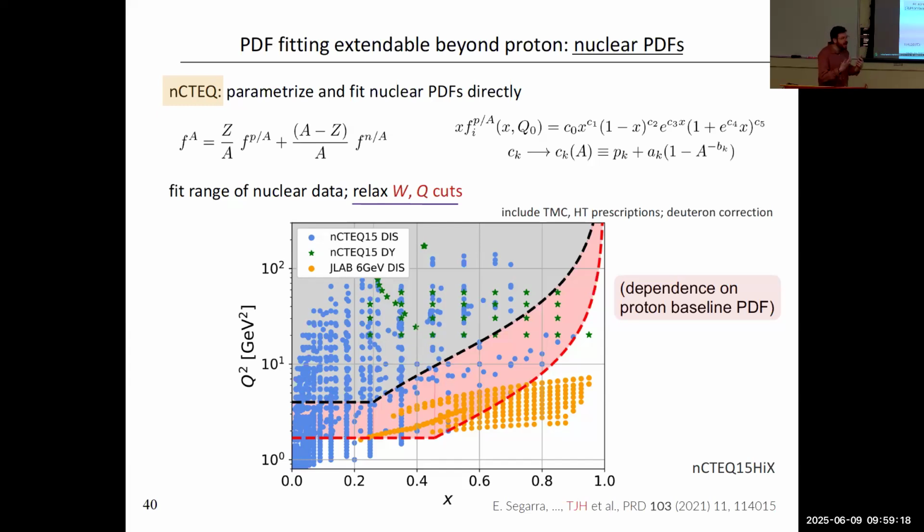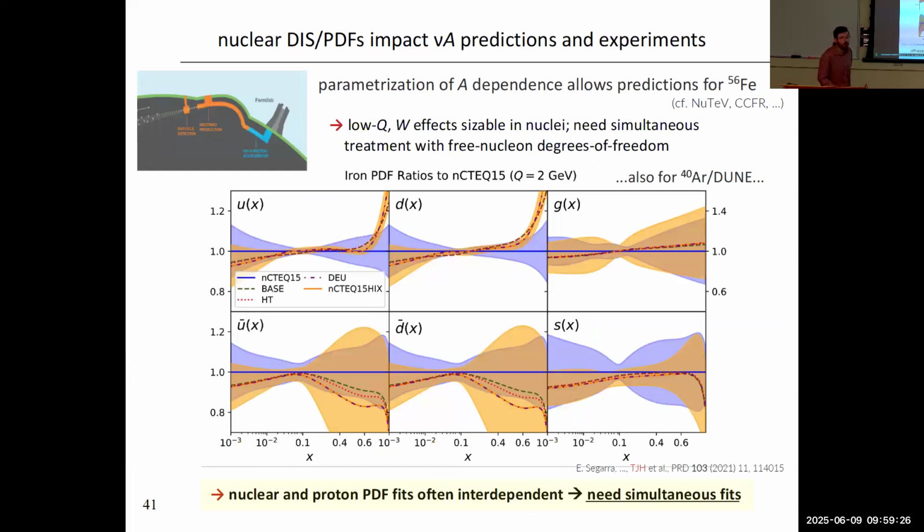However, I now need data involving nuclear targets to tell me about the nuclear PDFs, and those come from various sources. A reason I mention it is because there's absolutely a deep relevance to this, again, to fundamental particle physics, which is my guiding motivation, in things like the Deep Underground Neutrino Experiment, where there's a significant contribution to a measurement like this from nuclear deeply inelastic scattering, maybe something like half of the events, roughly.